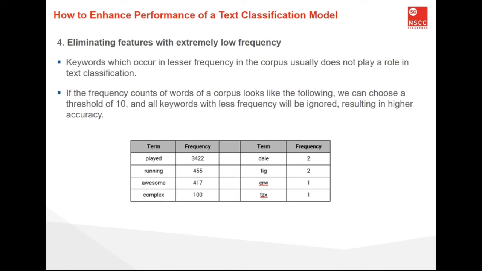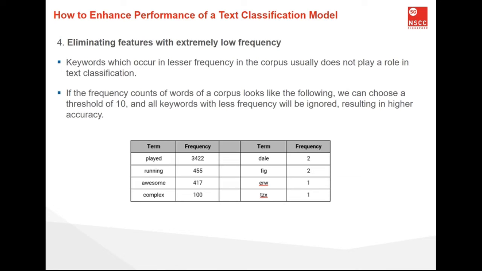Feature engineering is another important part of machine learning models, but it doesn't mean that the more the features, the better. Keywords which occur in lesser frequency in the corpus usually don't play a role in text classification. One can get rid of these low-occurring features, resulting in better performance of the model.